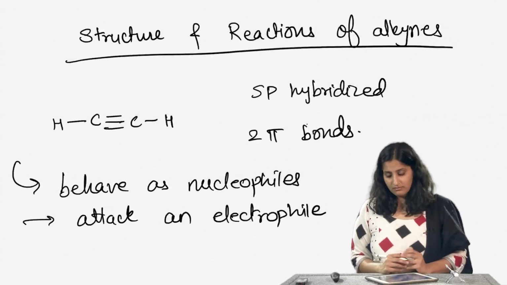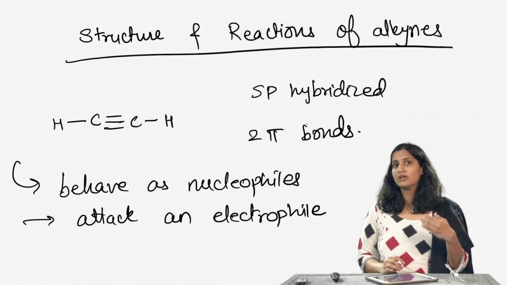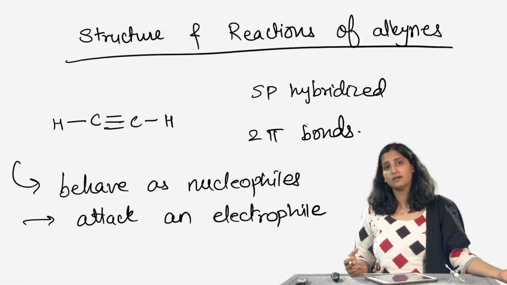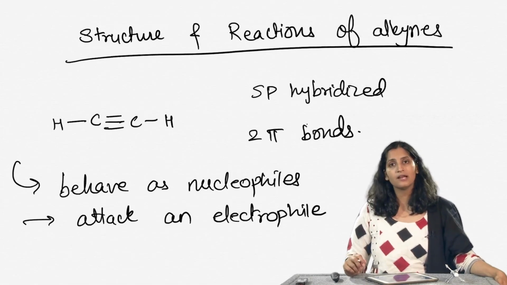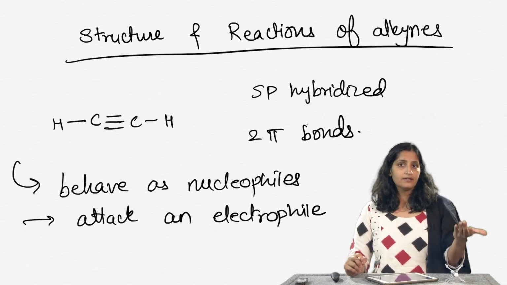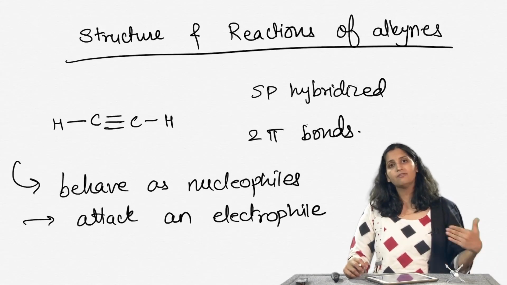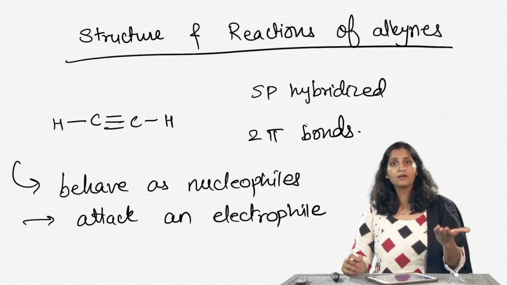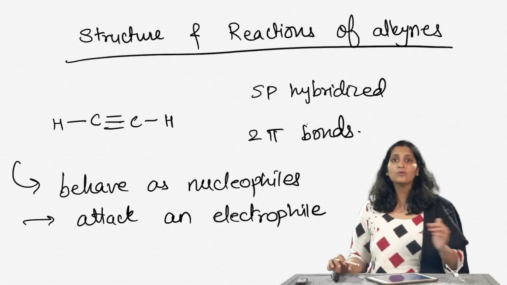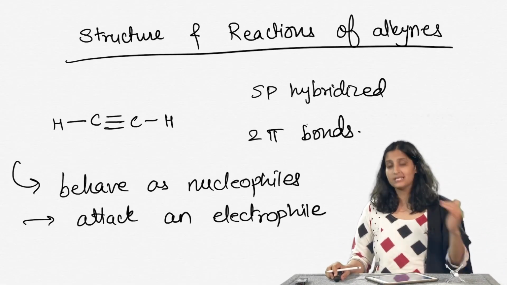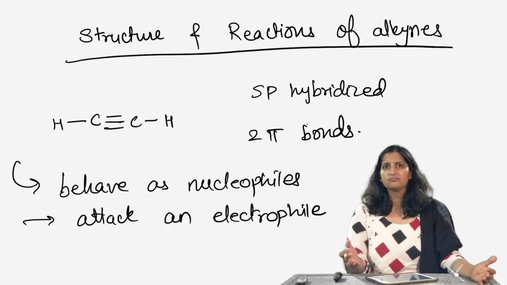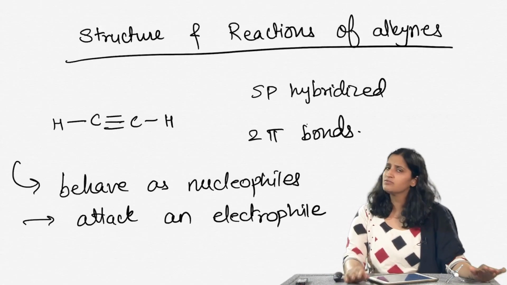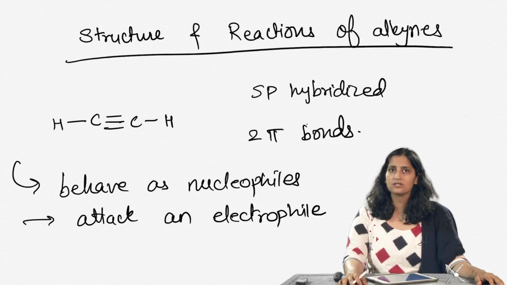So, for example, this is just the same way wherein we saw the reaction of HCl with an alkene, the same way HCl is also going to react with an alkyne, and the relatively weak bond of the alkyne will break, the pi bond will break because the electrons are attracted towards the electrophile of HCl. Okay.